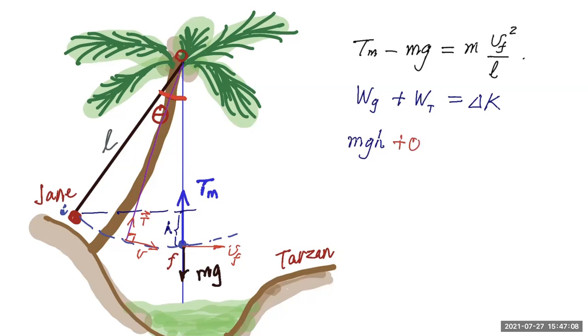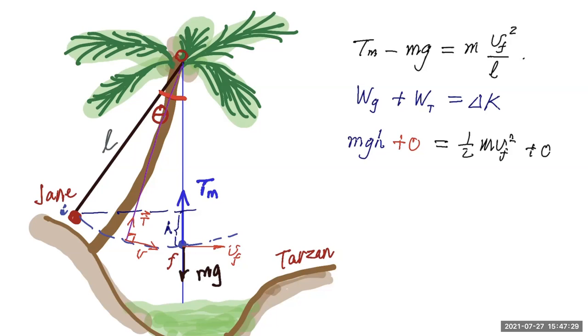And what does that equal to? That equals delta K, and delta K again is 1/2 mv final squared minus 1/2 mv initial squared. Let's say v initial is 0, so she starts out at rest. So that's it, plus 0. So that tells me what v final is. As a matter of fact, you don't have to solve for v final, just for mv final squared, because that's what you need from the first equation.